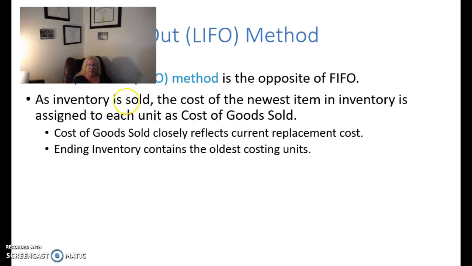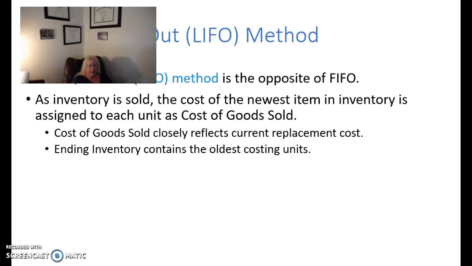The next one is last in, first out, or LIFO method. So in last in, first out, this inventory costing method is one in which the last cost into inventory are the first cost out to cost of goods sold. And so what do we know about that? Since prices are rising, the last inventory items you bought are probably higher priced than those you bought a long time ago.